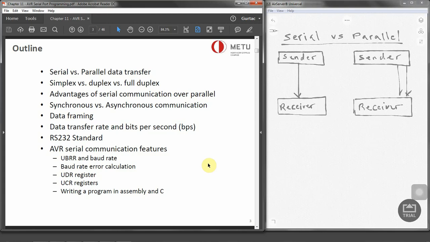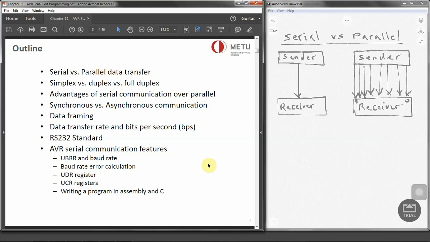We have these parallel lines over which we can transfer the data, bits 7 down to 0. So what is actually happening is it gets the data from the data bus and directly transfers it to the receiver.